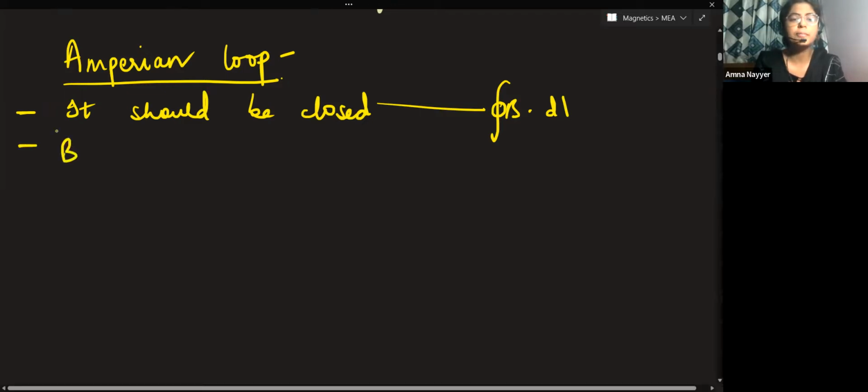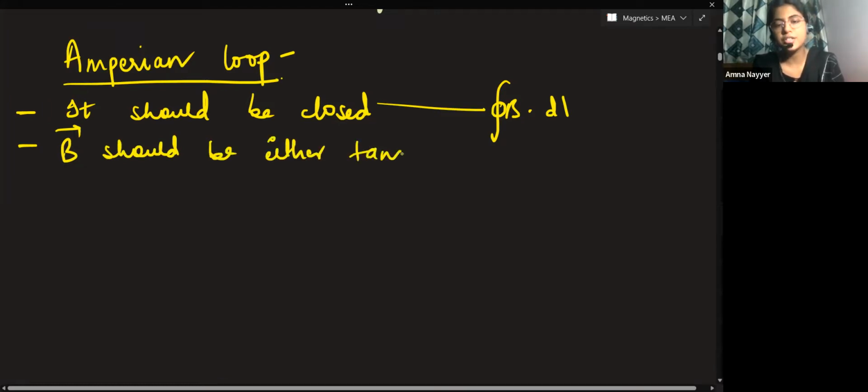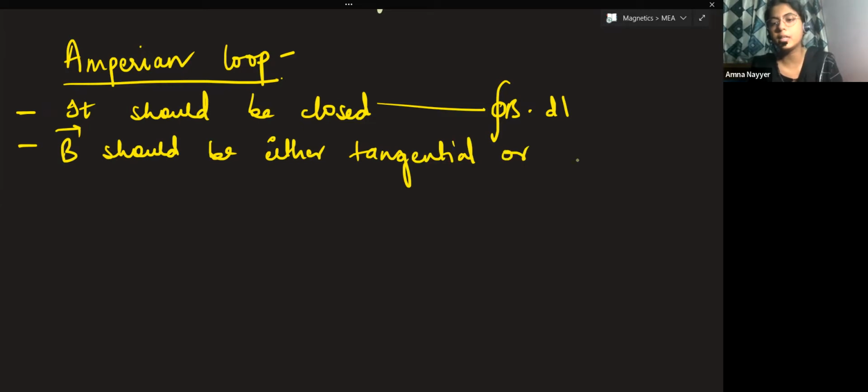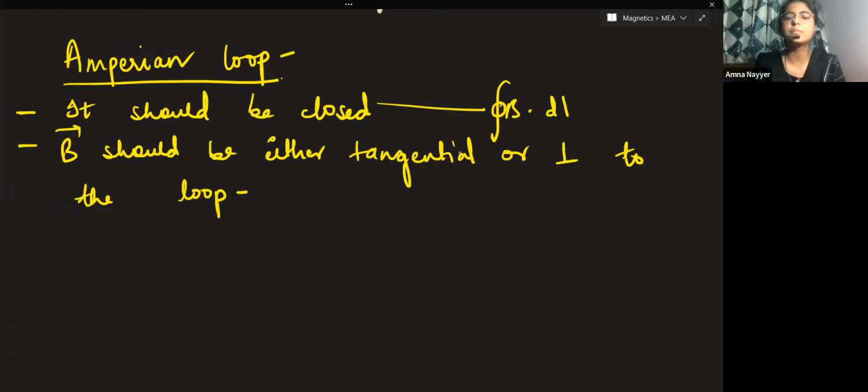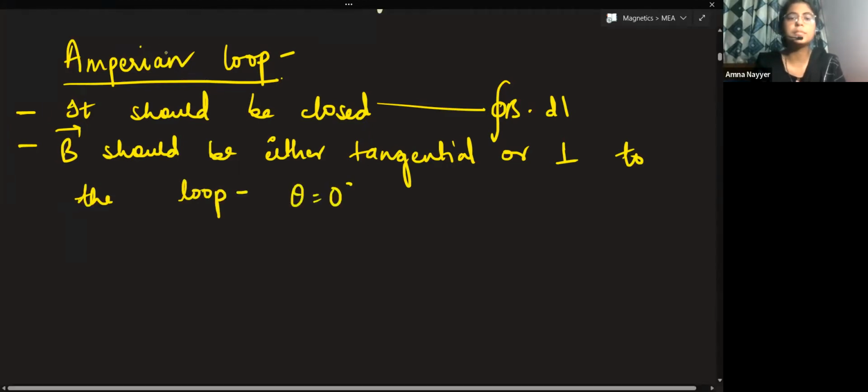the magnetic field B to be either tangential or perpendicular to the loop. The reason is that the angle theta becomes 0 degree.